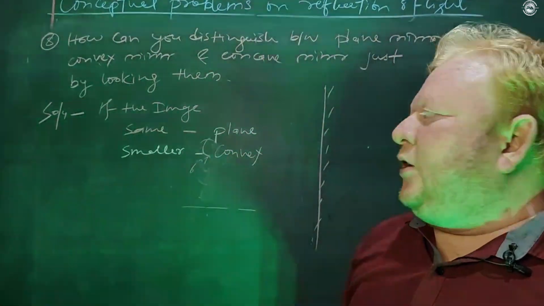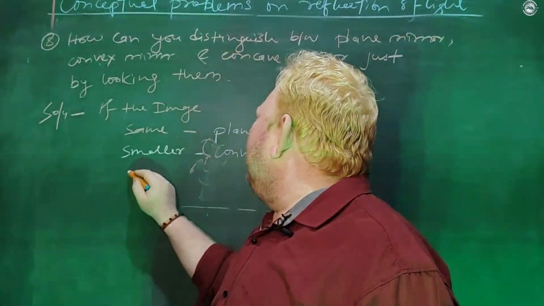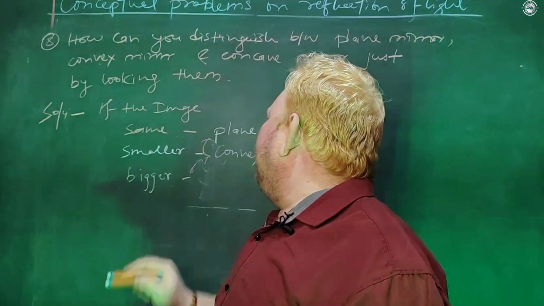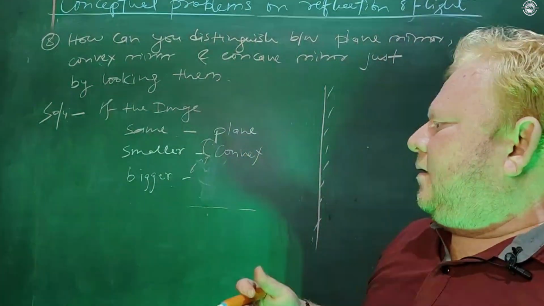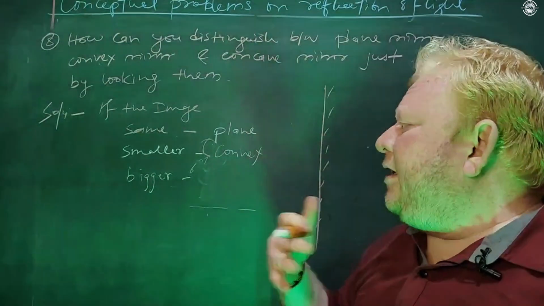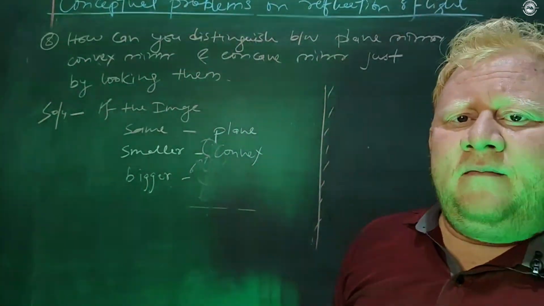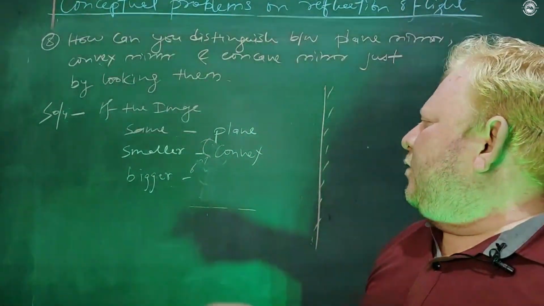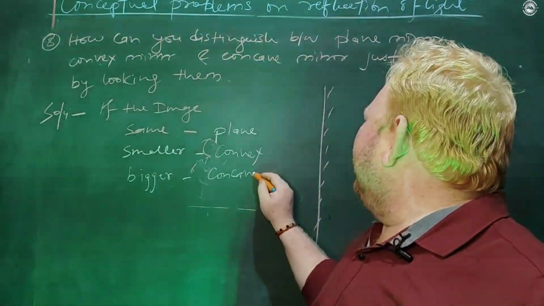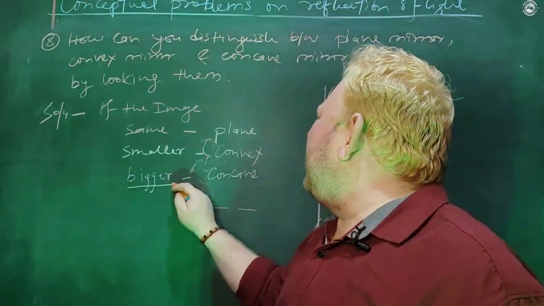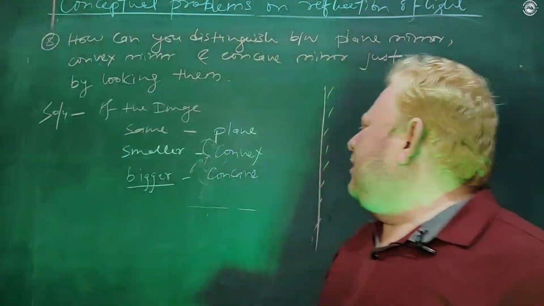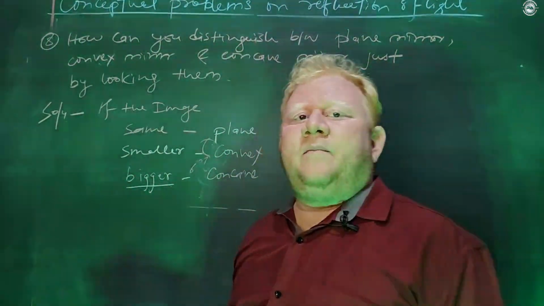And if you see your image is a little bigger, you are getting a case where your image is bigger, right? So the given mirror is concave. And you see bigger size image is formed only in case of concave mirror.